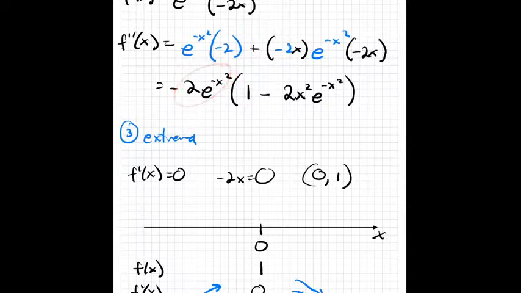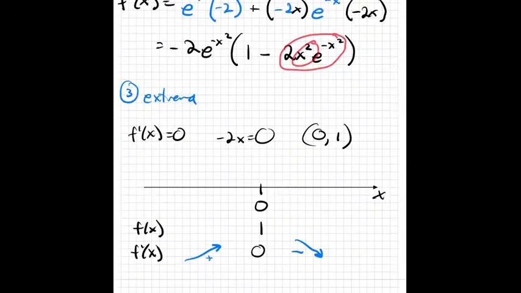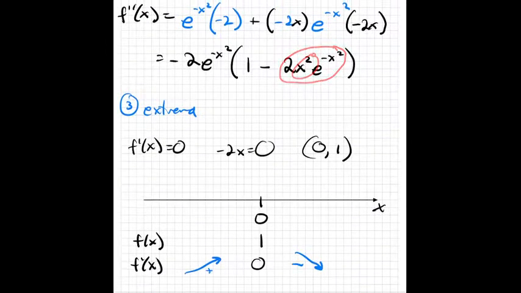Yeah, we can get this term to 0 because it is x squared. So it looks like 0 is still our candidate. That would be a candidate for a point of inflection. Let me see. If we plug in 0, this is like 1, 0 over 1, so that's 0.